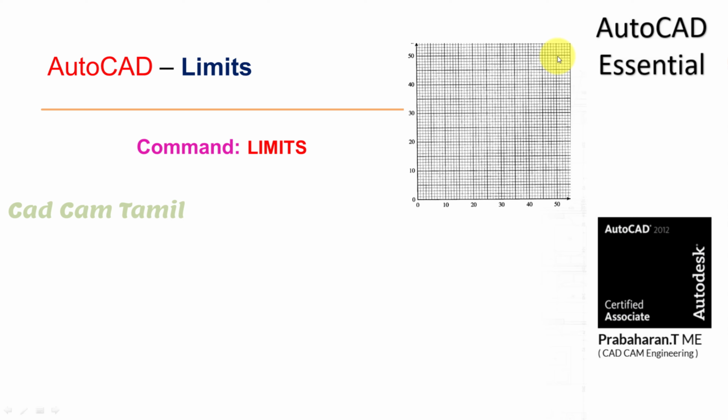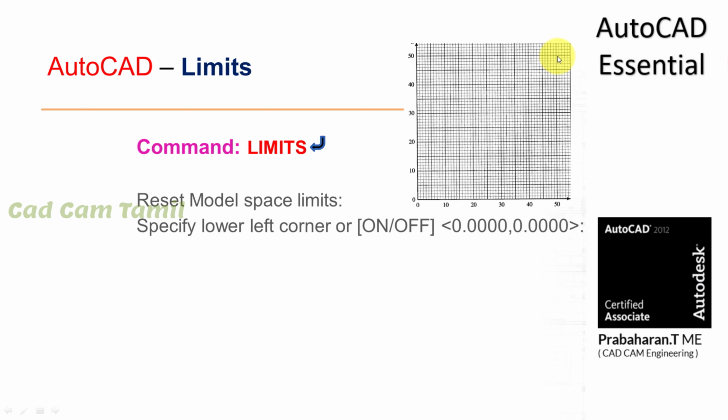First give the command limits, then enter. Once you give the limits command, it will ask to reset model space limits. That means we are going to reset the particular drawing area, which is currently a different size. The drawing area or design area is called model space. Then it will ask to specify the lower left corner. Imagine this is your graph sheet.